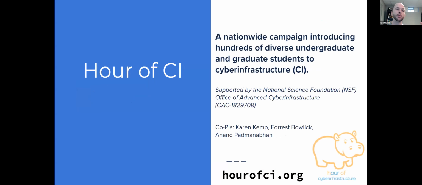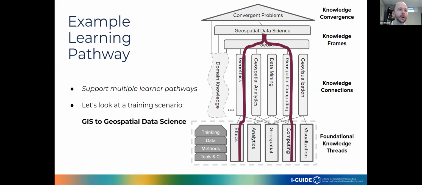So we're moving all of those lessons from that project over to iGuide, because it aligns with this project quite considerably, because the Hour of CI lessons are designed to help build cyber literacy for GI science. They're also built as open educational resources. So a lot of the 1 hour hands-on activities will be fed from this Hour of CI project, which is available at hourofci.org.